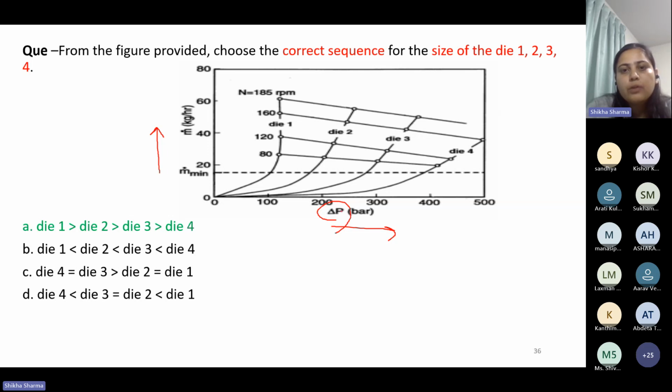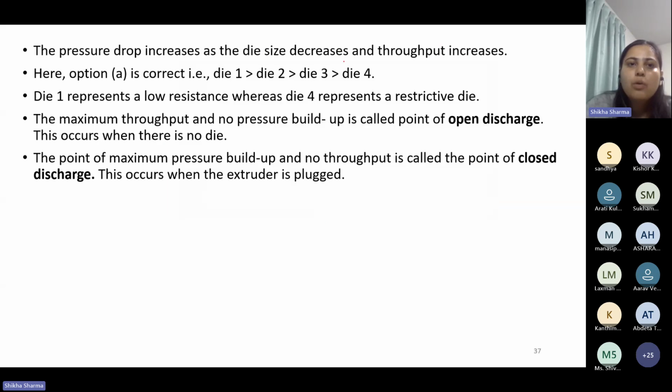So we have different dies. Based on the size of the die, we can control the pressure. Here it is saying that the pressure drop increases as the size decreases and throughput increases.